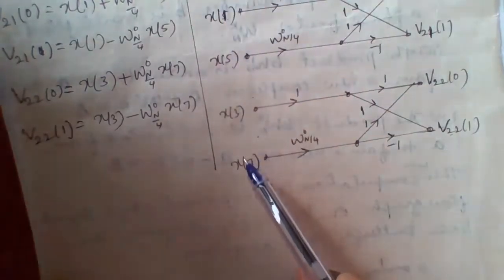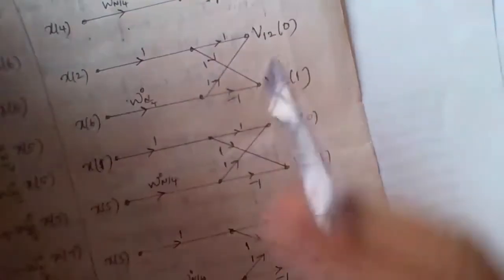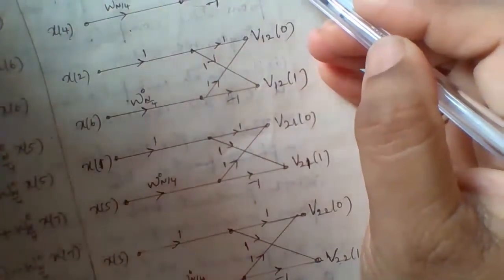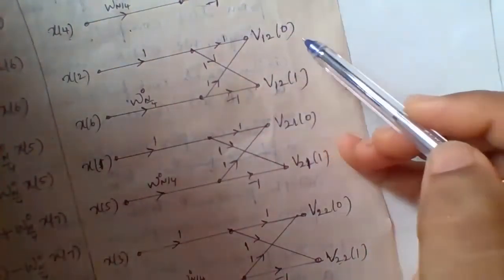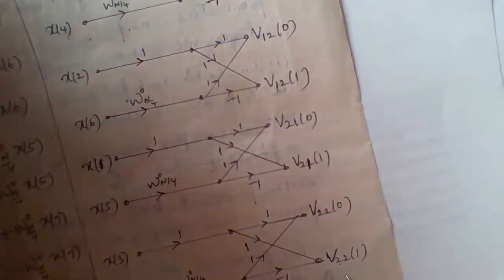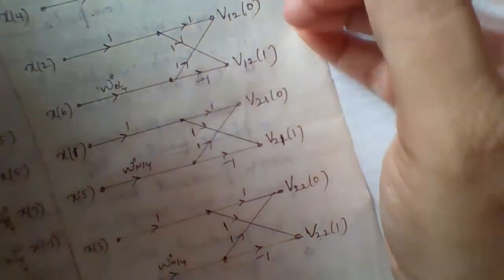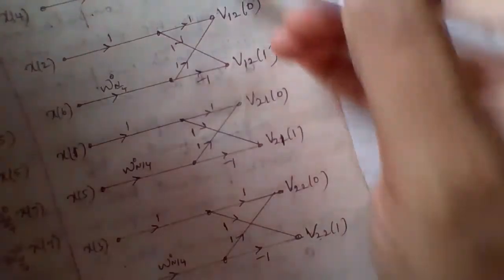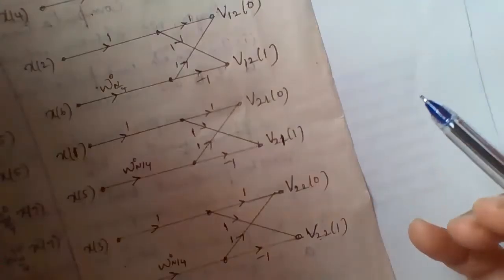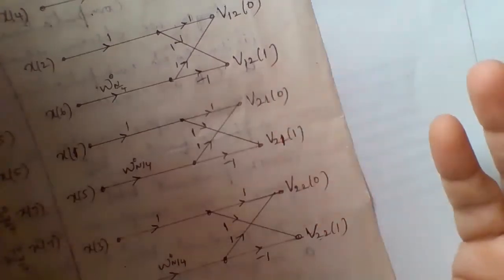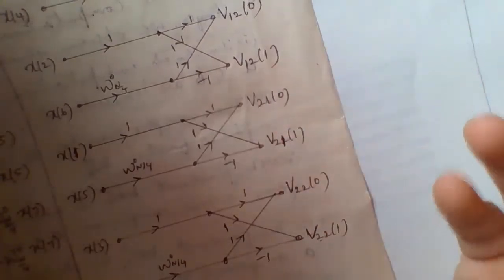These are the time domain samples. The outputs are V11 of 0, V11 of 1, then V12 of 0, till V22 of 1. This set of 8 values is now going to act as input for the second stage, and the second stage is going to generate all the F series as the outputs.